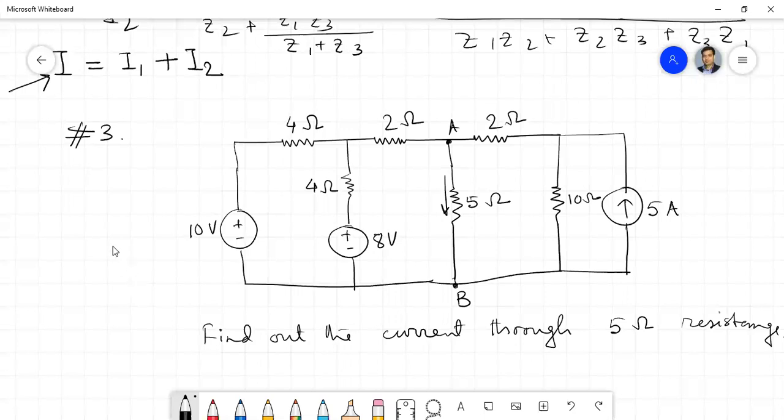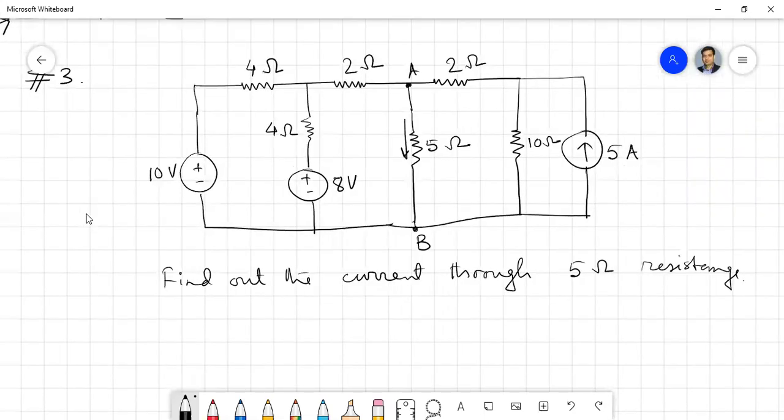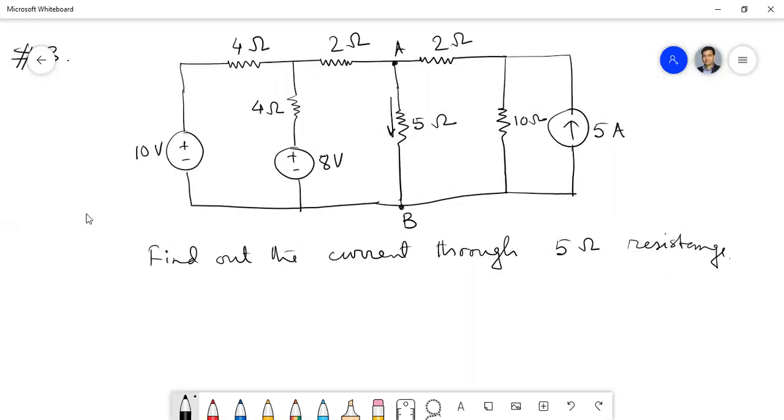I think you all have a calculator with you. Okay, so do it first. So what we will do here, we have to identify how many sources are there. That is the first thing for the superposition theorem we have to look at. Okay, now here how many sources are there? Quickly identify. Just a minute.